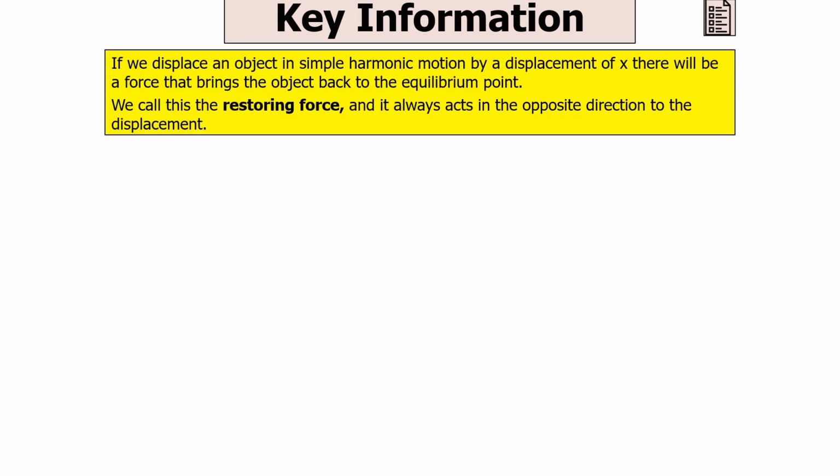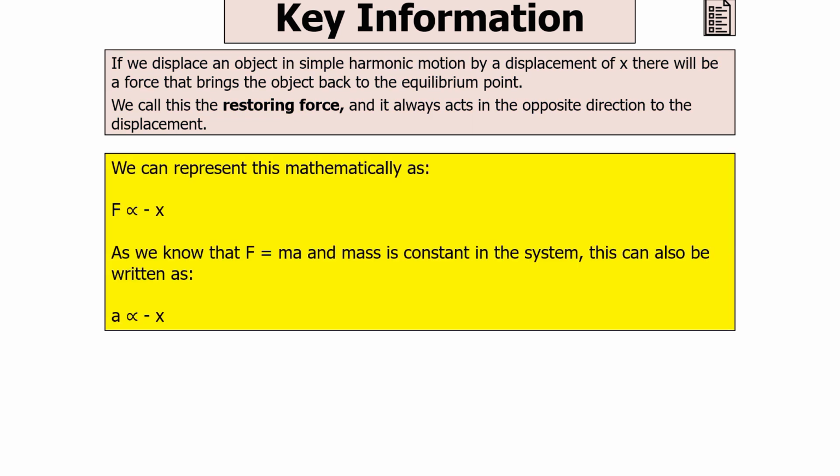So, if we displace an object in simple harmonic motion by a displacement of x, there'll be a force that will bring the object back to the equilibrium point. We call this the restoring force, and it always acts in the opposite direction to the displacement. We can represent this mathematically as: the restoring force is proportional to the negative displacement, F ∝ -x.